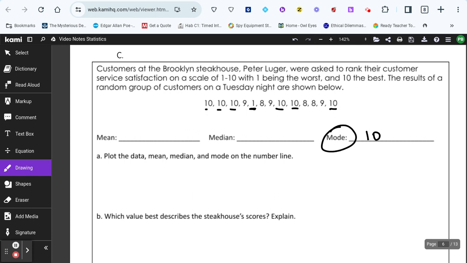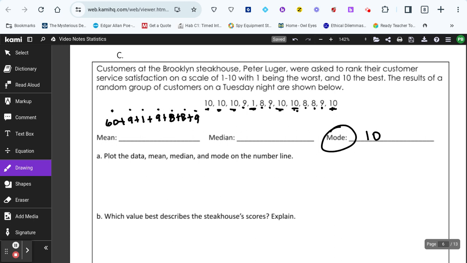All right, the median, let's go ahead and find it though. 1, 2, 3, 4, 5, 6. 6 tens is 60 plus 9 plus 1 plus 9 plus 8 plus 8 plus 9. So let's make sure I have the right amount of numbers. 1, 2, 3, up to 13. So that's 6 numbers that make that 60, then 7, 8, 9, 10, 11, 12.